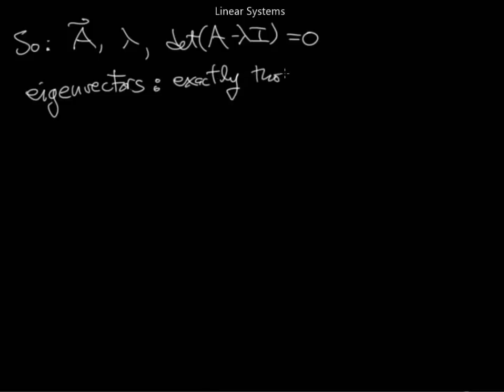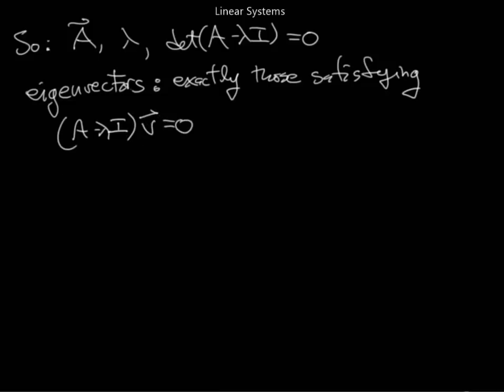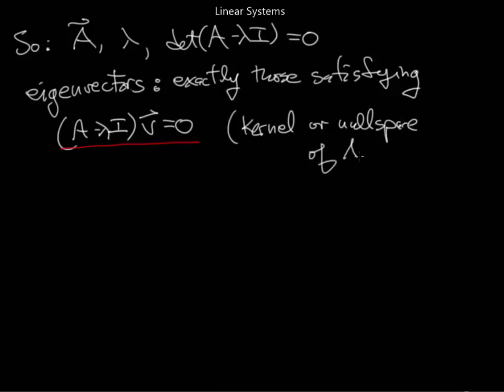How do I find the corresponding eigenvectors? Well, it's exactly this equation from the previous slide. I just take A minus lambda times the identity, and I look for a vector which that kills, because then Av will be equal to lambda v. This is sometimes called the kernel or the null space of the matrix A minus lambda I. And the determinant being 0 is exactly what guarantees that it has a kernel or null space.